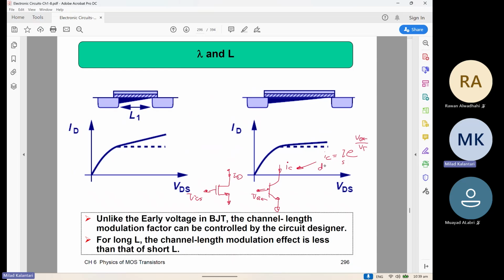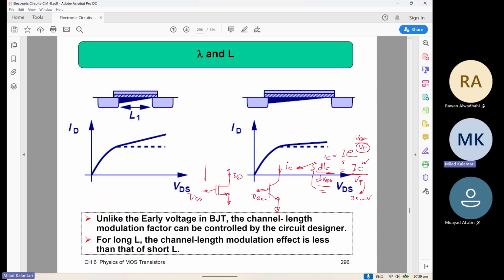So we were calculating the differentiation of IC with respect to VBE. We want to know how much the current changes once VBE changes, which was the DC value of IC divided by VT. VT was the constant 25 millivolt.